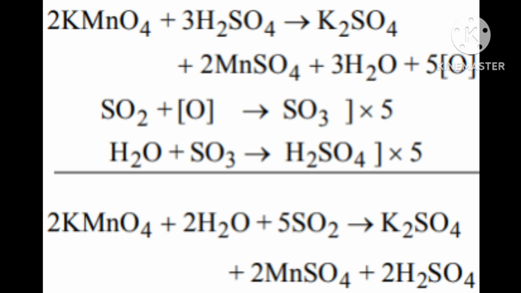You can write 10 I 1 minus plus 2MnO4 1 minus plus 16H plus in acidic medium.